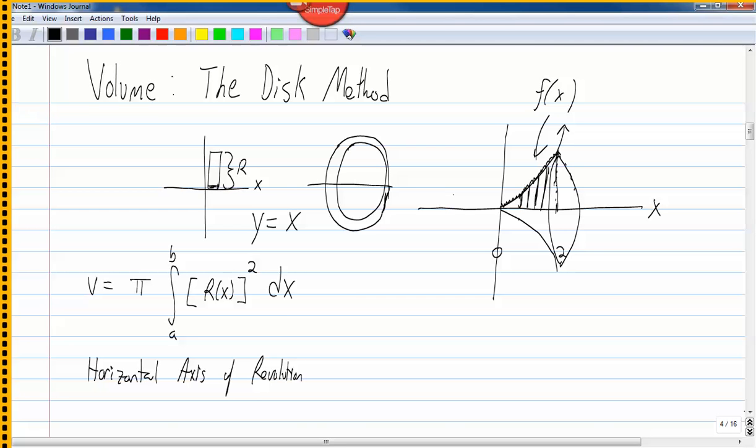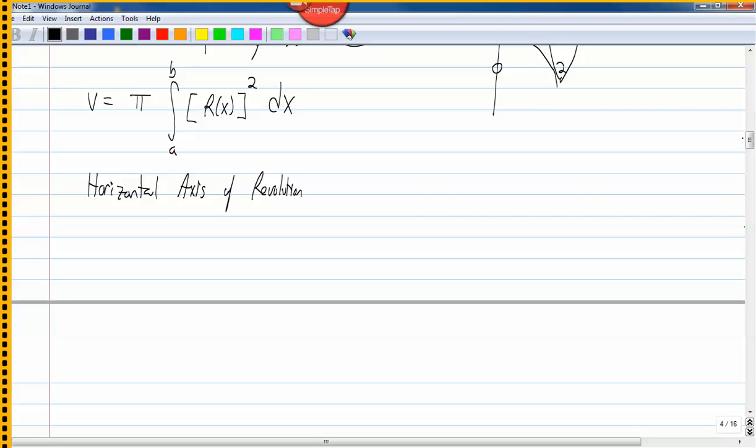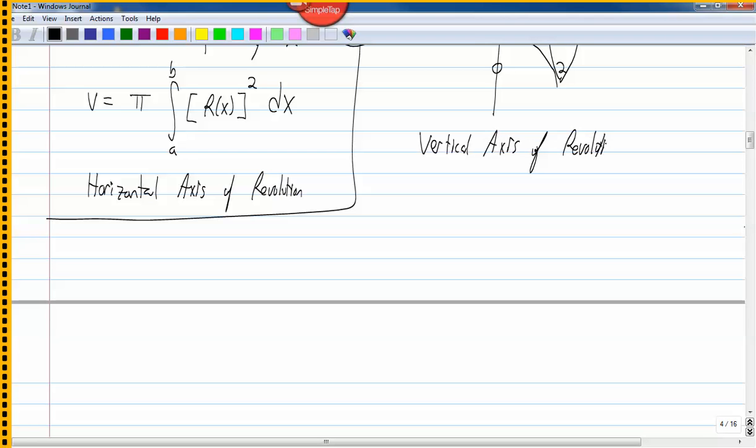Now if I revolve about a y or a vertical axis of revolution, because it doesn't have to be the y-axis, you can revolve a graph about a line, but if you do have a vertical axis of revolution, then volume is equal to pi times the integral from c to d of R of y, capital R of y, squared dy, where this is still the radius.